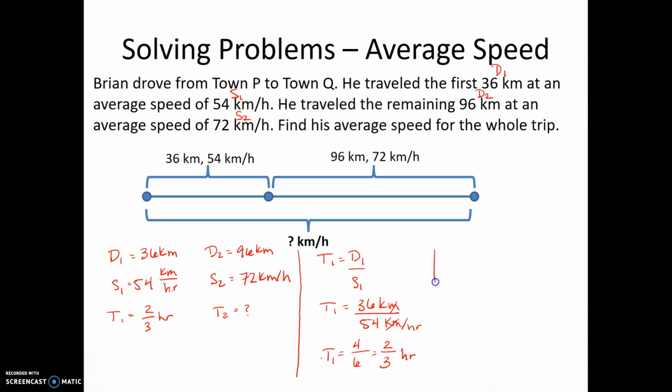Okay, let's find the time 2 now. So that's going to be distance 2 over speed 2. So time 2 is going to be, let's see, that was 96 kilometers over 72 kilometers per hour.